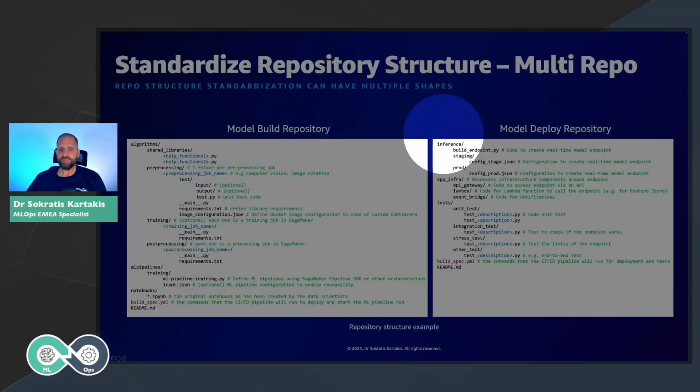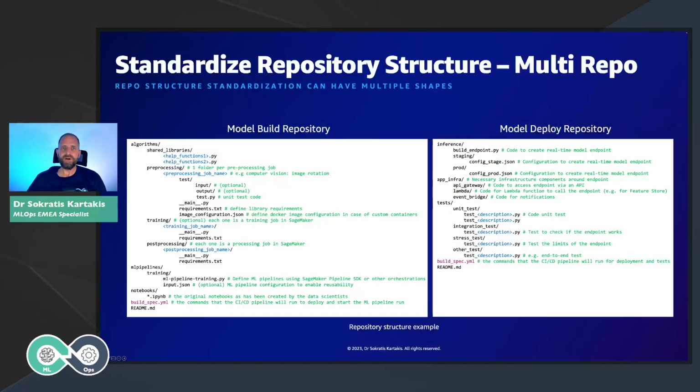From model deploy repository, what we have is the code to create the SageMaker endpoints, the configuration in terms of staging and production, application infrastructure code as well. This folder is very important whenever you want to have other services to call the endpoint. For example, you have an API gateway that all the different users will use in order to interact with the endpoint, and behind the scenes a Lambda function to trigger the endpoint.